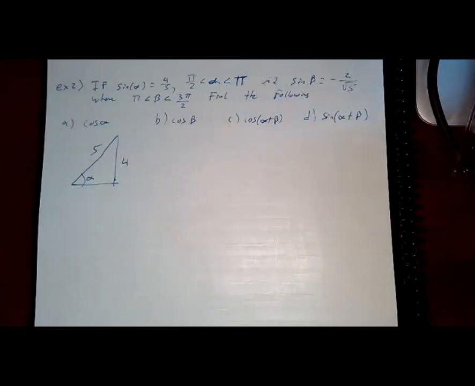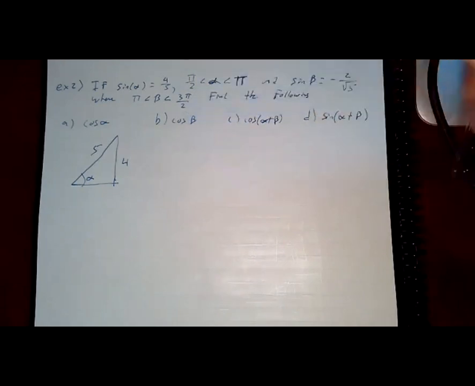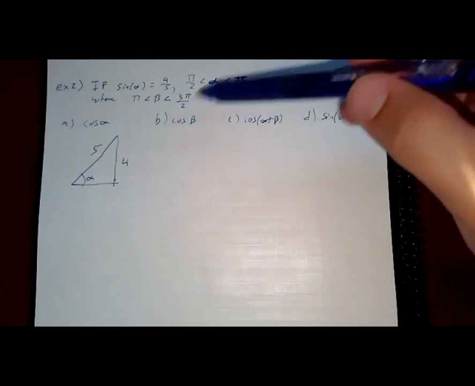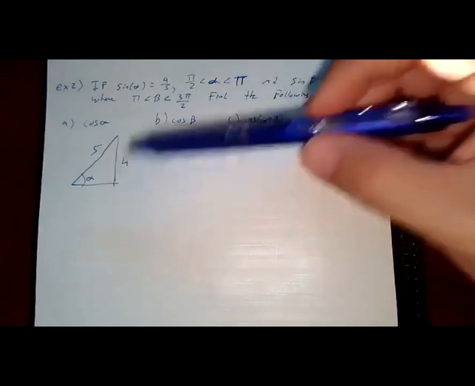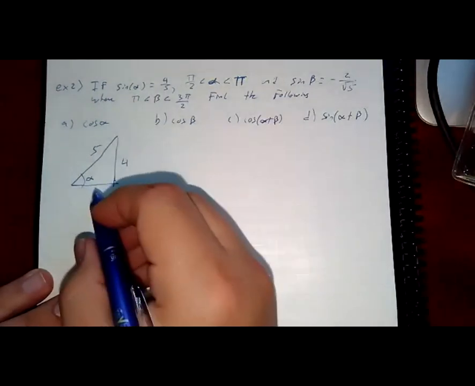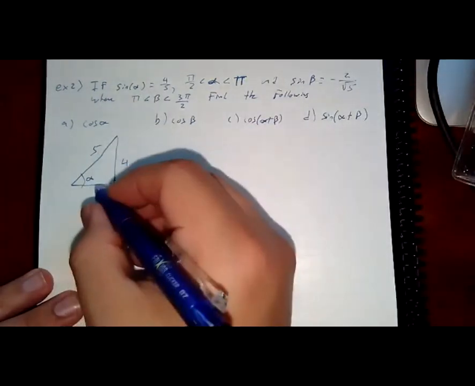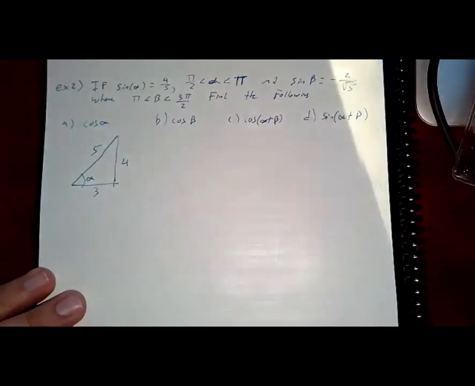Yeah, it's going to be quadrant 2, right? So that means cosine is negative. So when we find it using the Pythagorean theorem, we will have a negative cosine. This is a 3, 4, 5 triangle. So it's going to be 3 when you do the work.